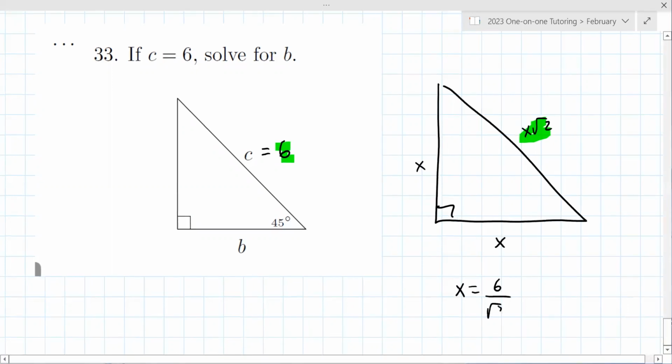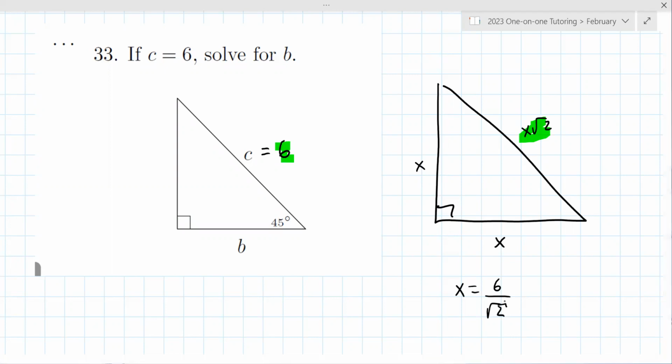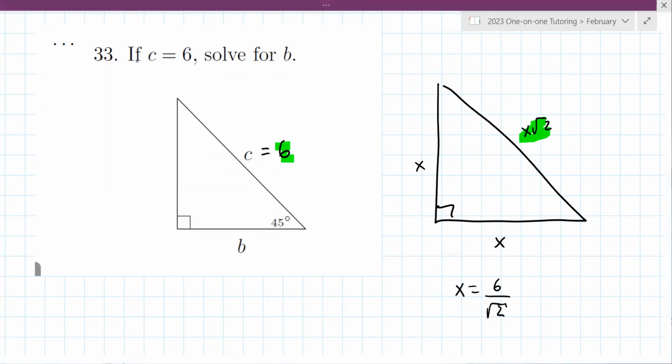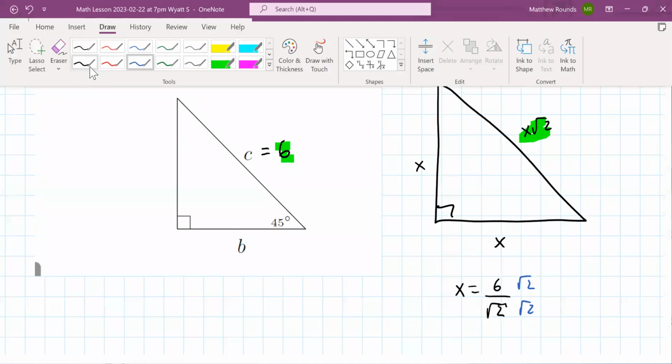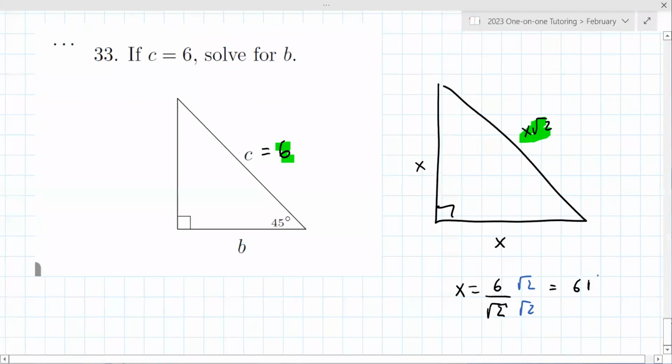Yeah, very bad. That's the reference. It's got to be rationalized. That's what I was referring to. So then you multiply both the numerator and the denominator by square root of 2, yes. And that will be x equals 6 times the square root of 2 over 2, which will cancel out to 3 times the square root of 2.